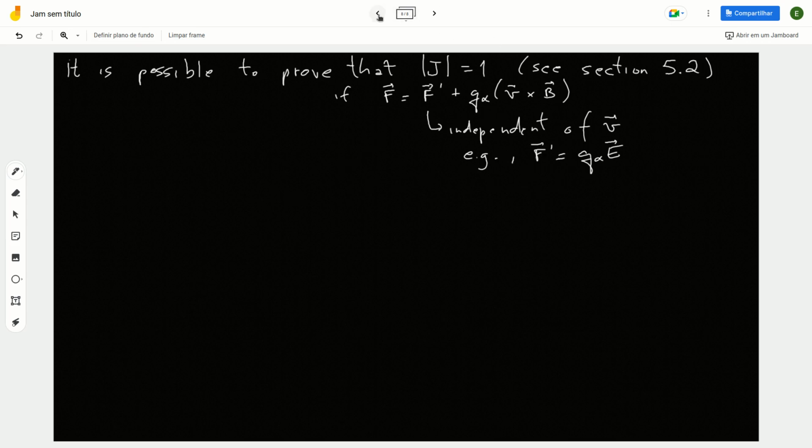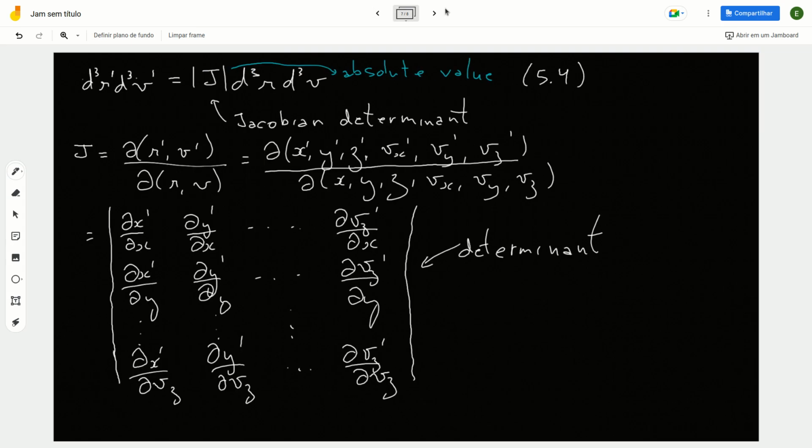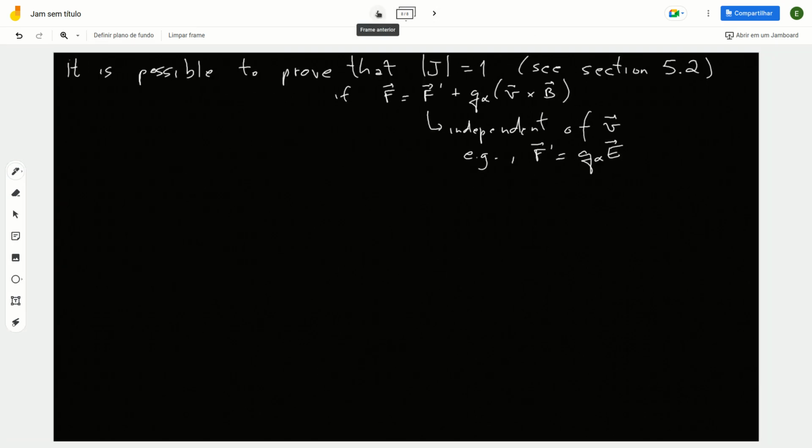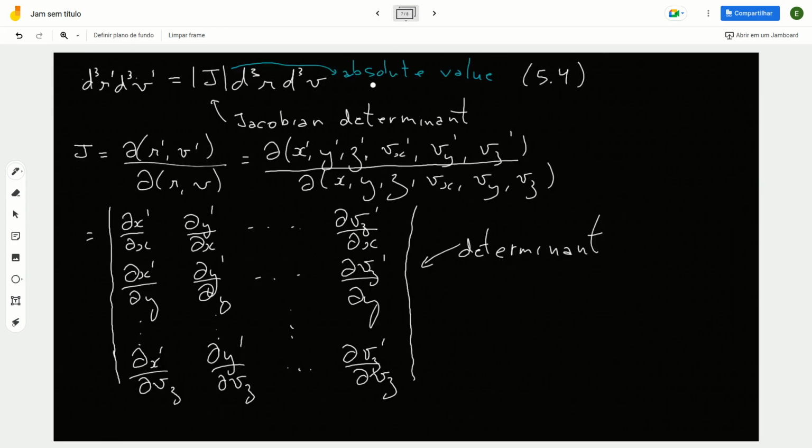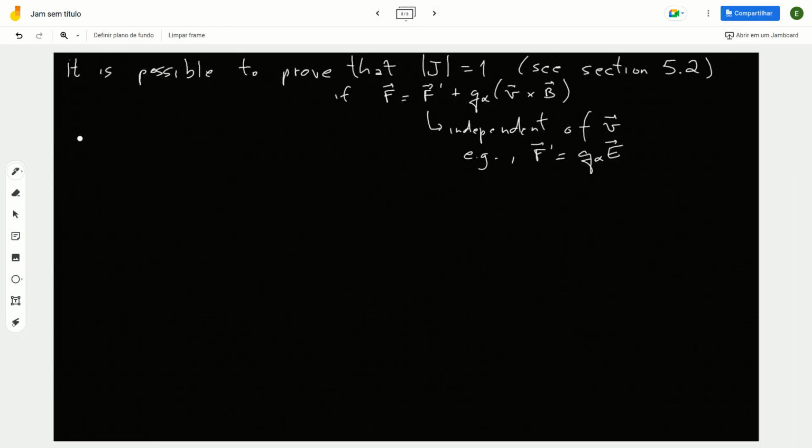Now, supposing that this is true, we have read section 5.2 and understood it, then from 5.4 you get d3r prime d3v prime equal to d3r d3v, right?